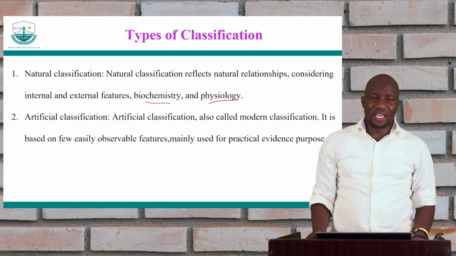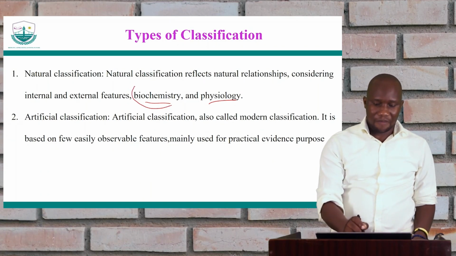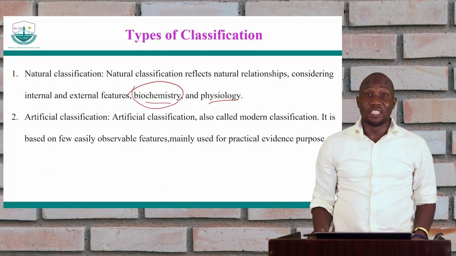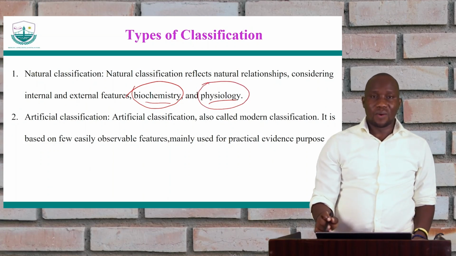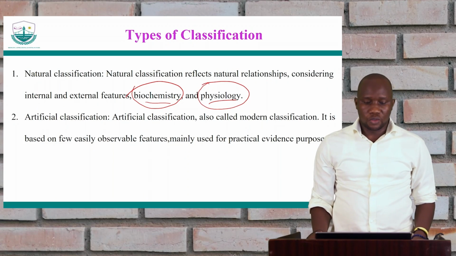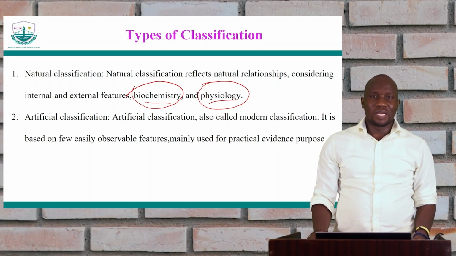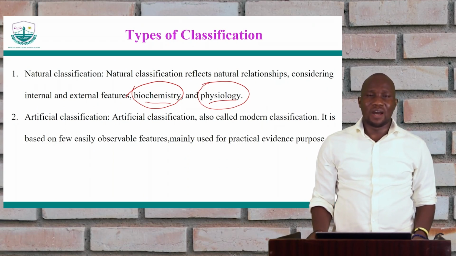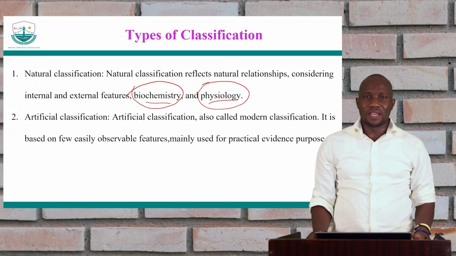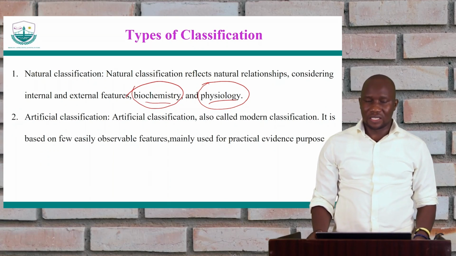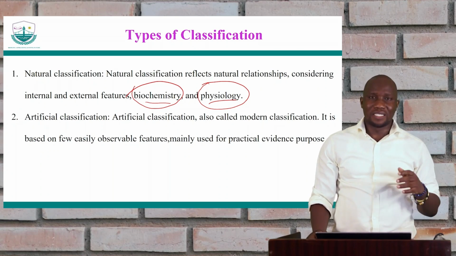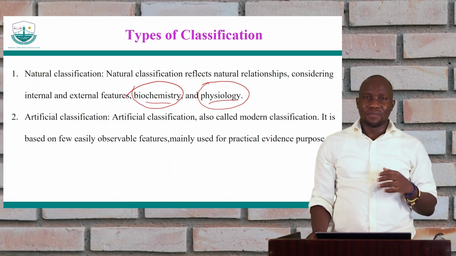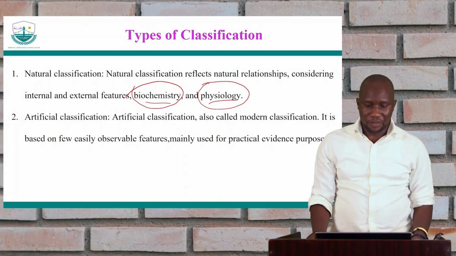That chemical transformation is looked at under biochemistry. And then physiology is about how the body works. So in natural classification, we look at how these organisms carry out these natural processes, the features that they have and how they carry out these processes.